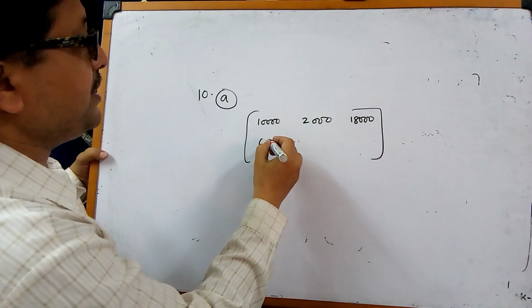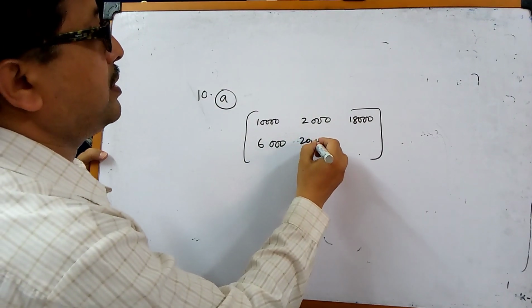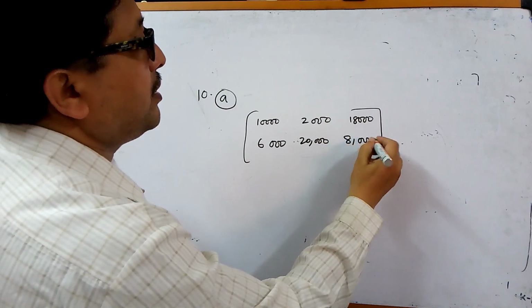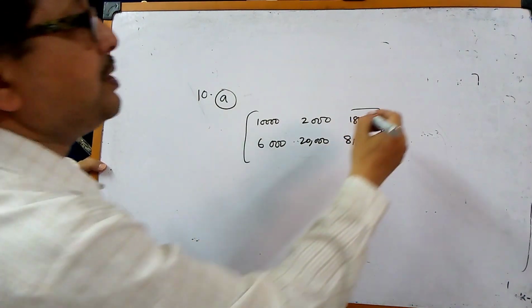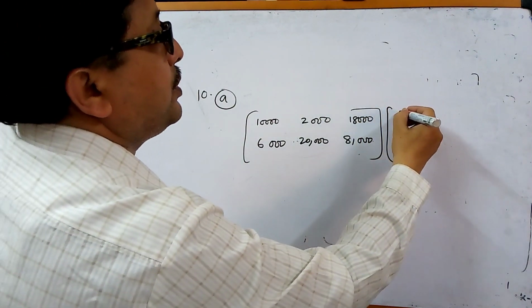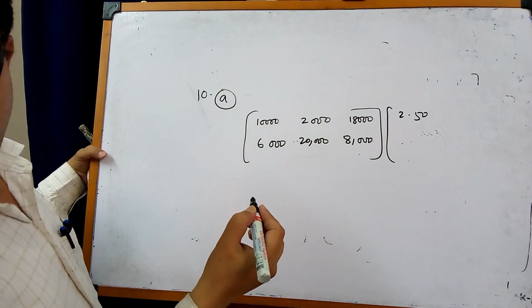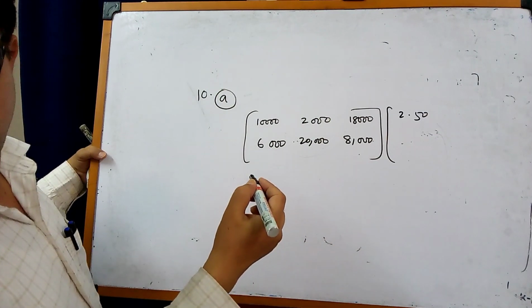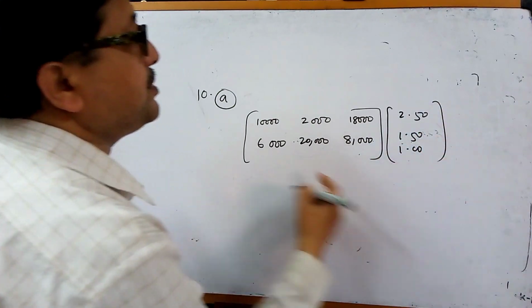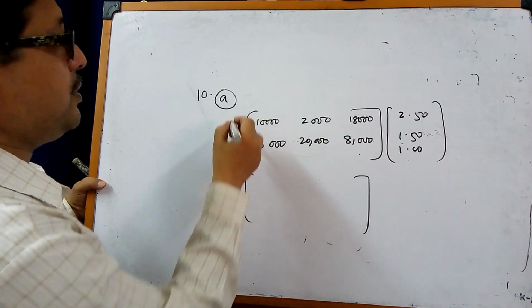And for the second market it is 6,000, 20,000, 8,000. This multiplied by 2.50, 1.50, 1.00.